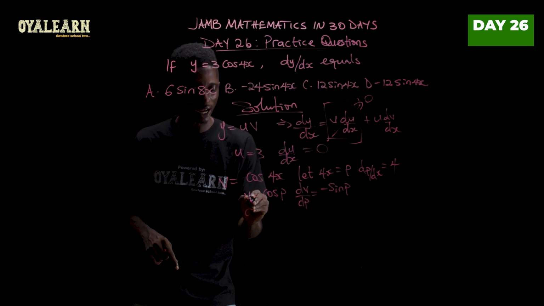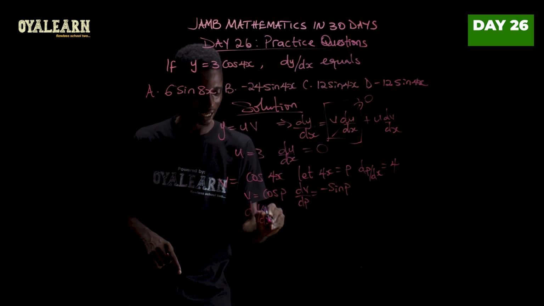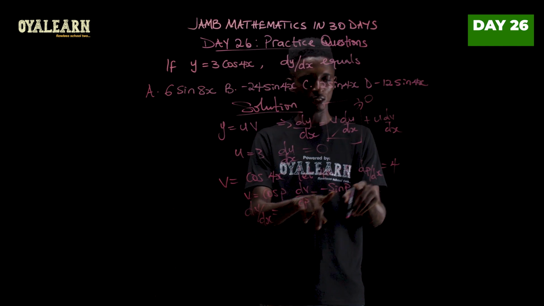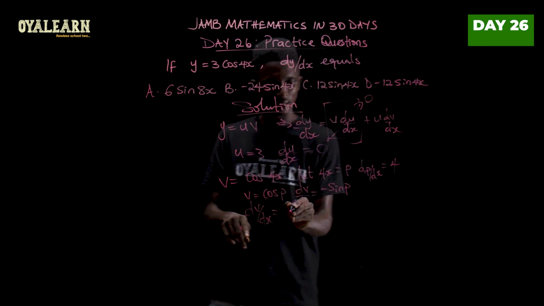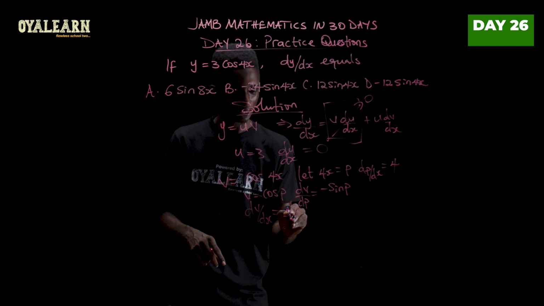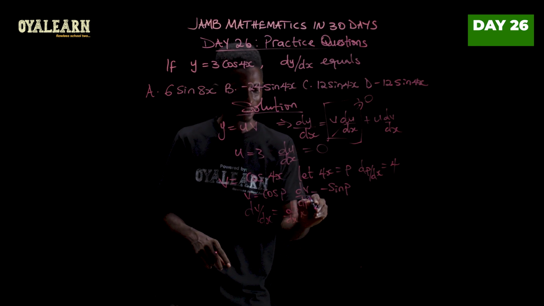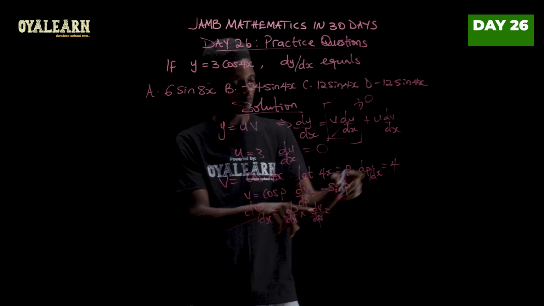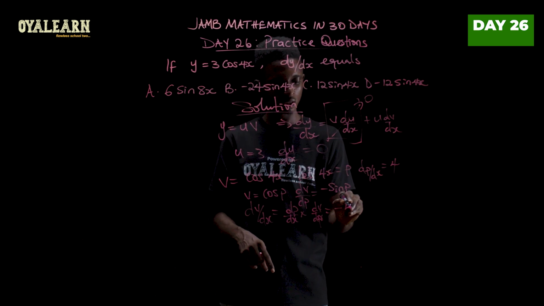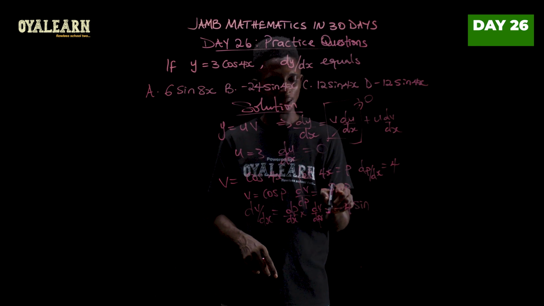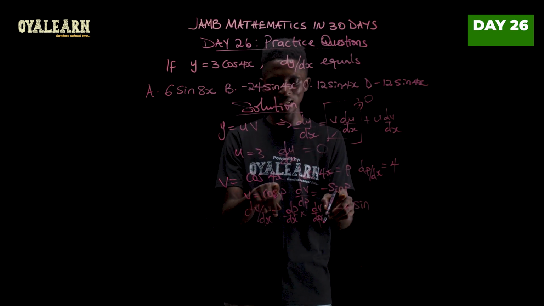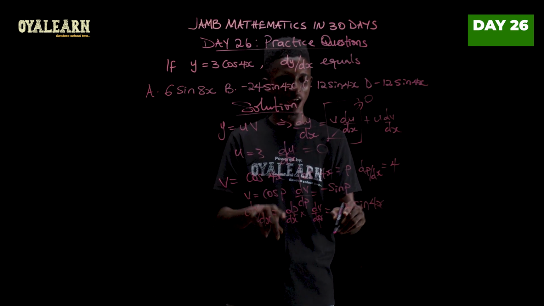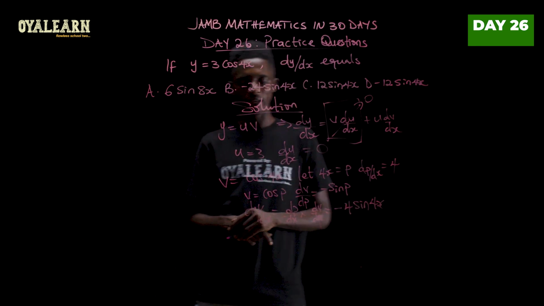To find dv/dx, we have to multiply these two together: dp/dx times dv/dp. When we multiply these, we get minus 4 sine p. And p, we said let that be 4x. So we have minus 4 sine 4x.